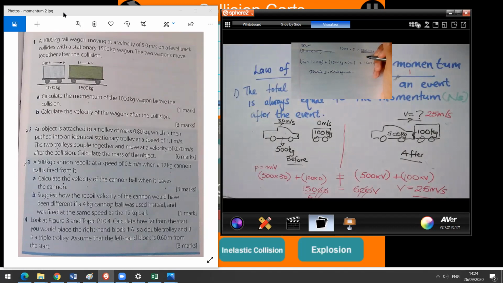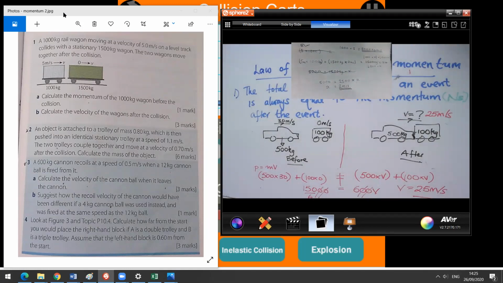X is equal to 2 meters per second. So they move off with a common speed of 2 meters per second.